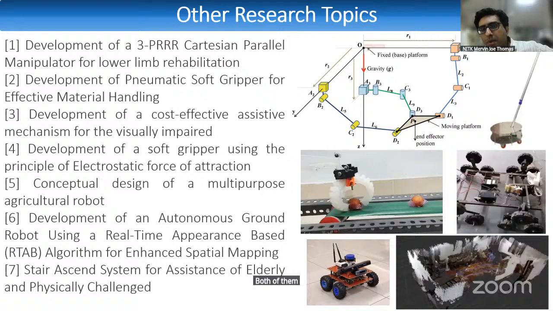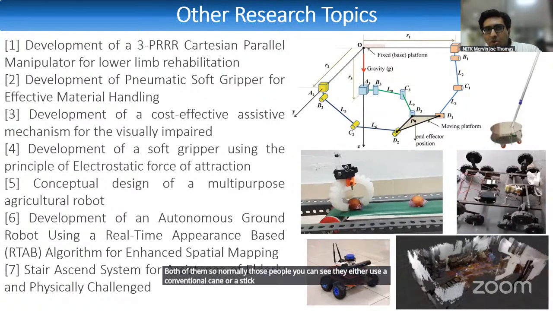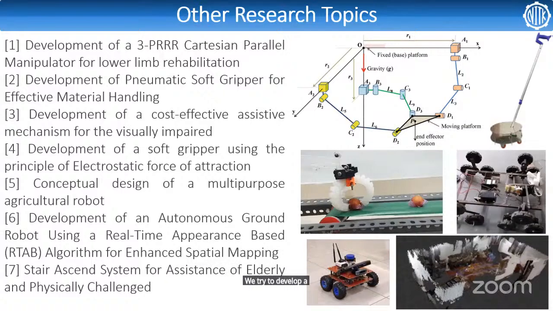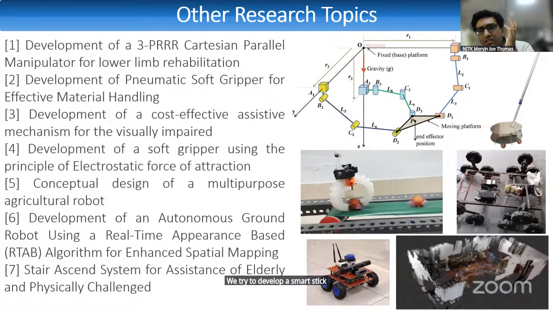Normally those people either use a conventional cane or stick to hit around and walk, to see if there are any obstacles, or they use an animal or a dog, which will guide them around places. So what we have tried to do is develop a smart stick. Now just imagine the person is both blind and deaf.